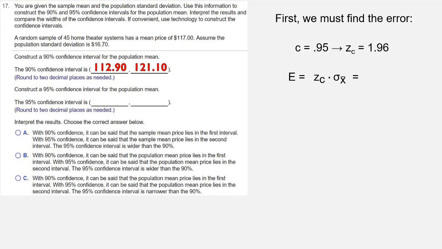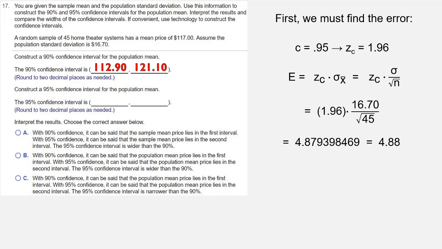Error equals ZC times sigma of x bar, which is ZC times sigma divided by the square root of n, which is going to be 1.96 times 16.70 divided by the square root of 45, which results in the decimal 4.879398469. Rounded to 2 decimal places is 4.88.